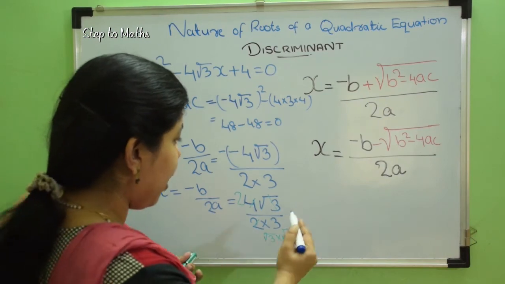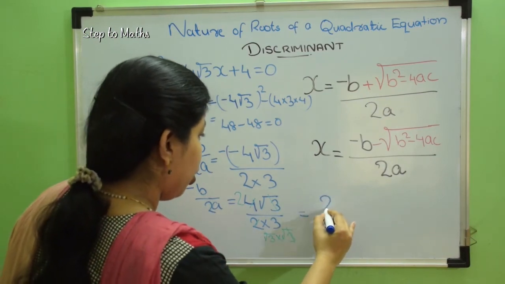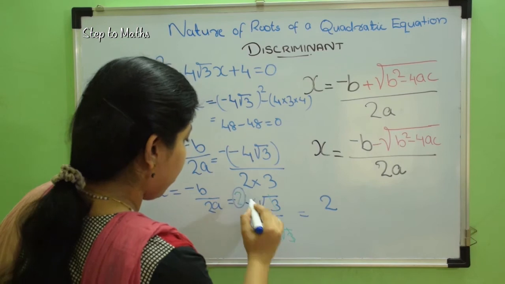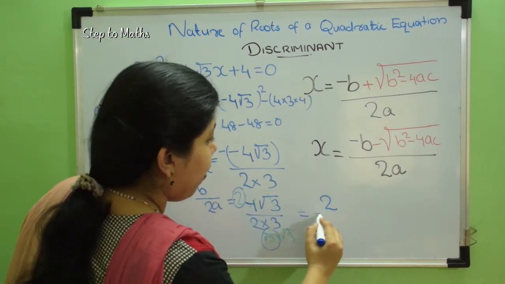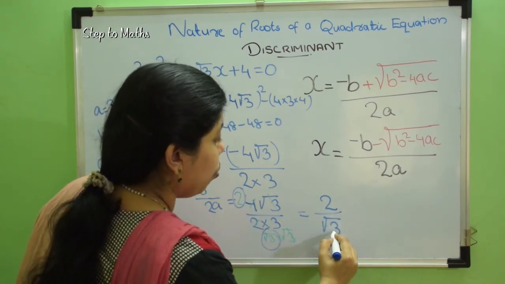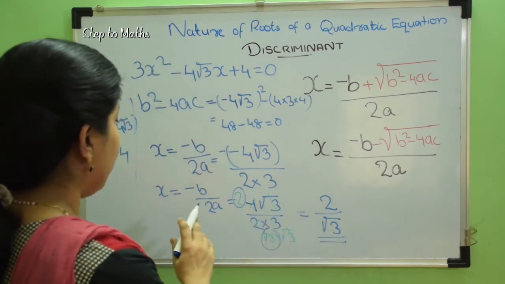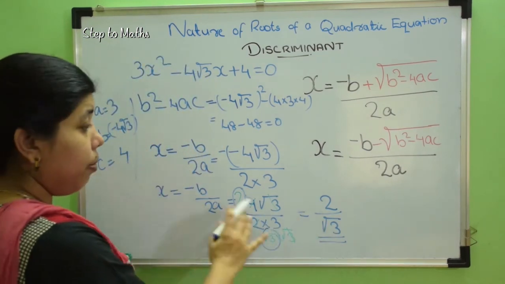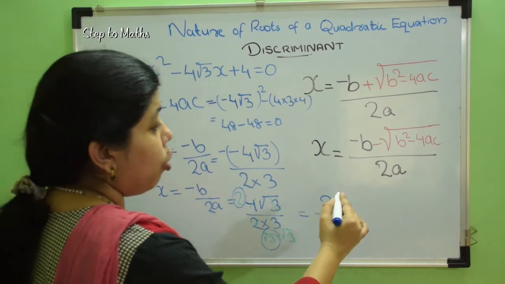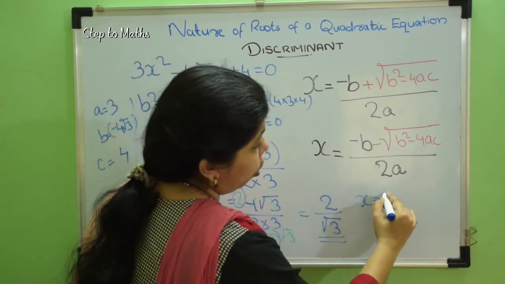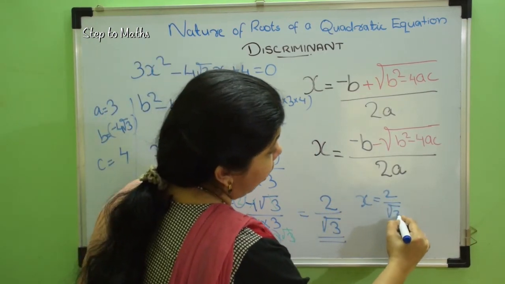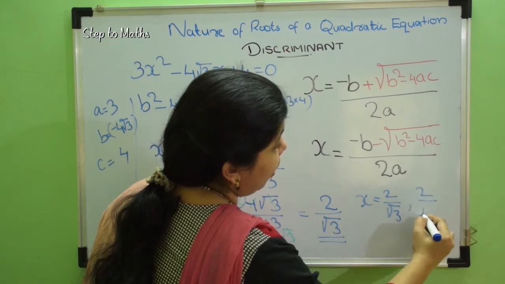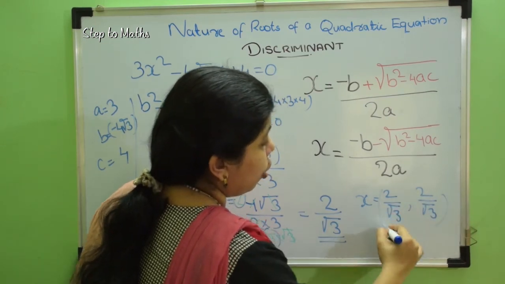So, the final answer is 2 by √3. The two roots are the same, 2 by √3. The value of x is equal to 2 by √3 and 2 by √3.